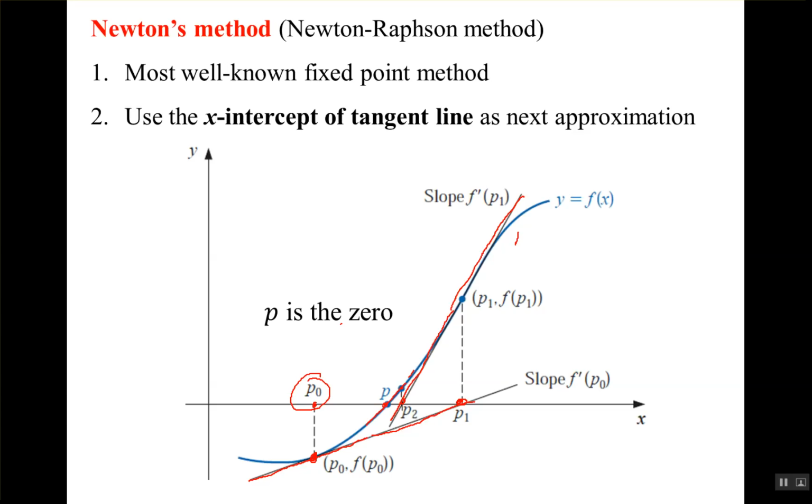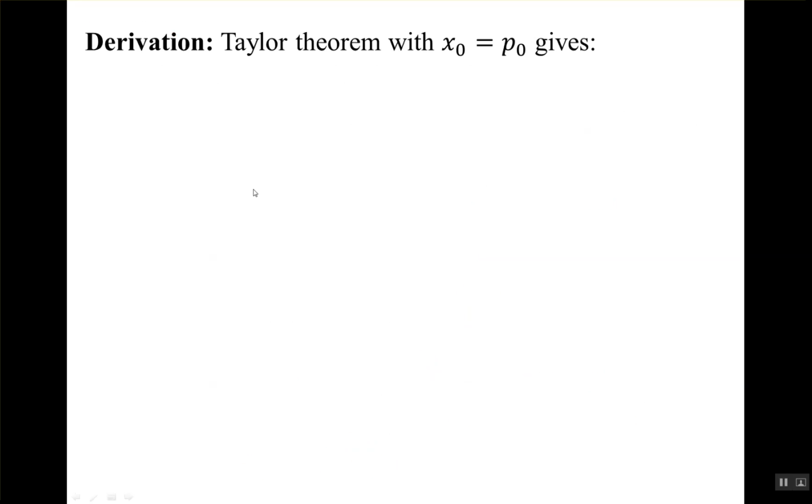We call that p3. You can see that p0, p1, p2, p3, the sequence generated by this method, is approaching the real root p. So this is the geometrical interpretation of Newton's method.